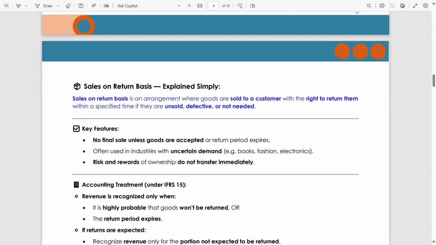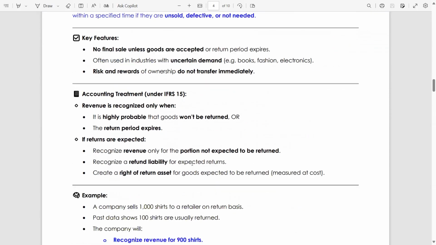Often used in industries with uncertain demand: books, fashion, electronics. Risks and rewards of ownership do not transfer immediately. Accounting treatment as per IFRS 15: revenue is recognized only when it is highly probable that goods will not be returned to the entity or the return period has expired.